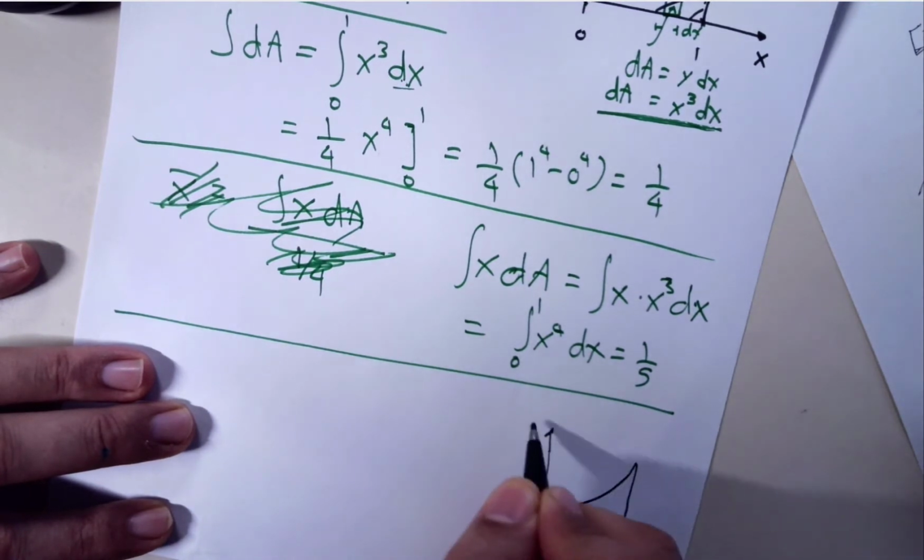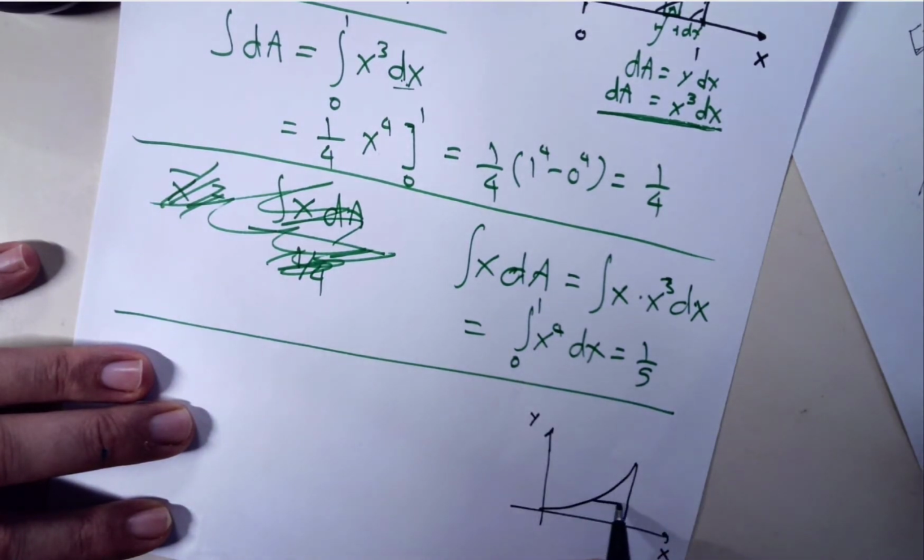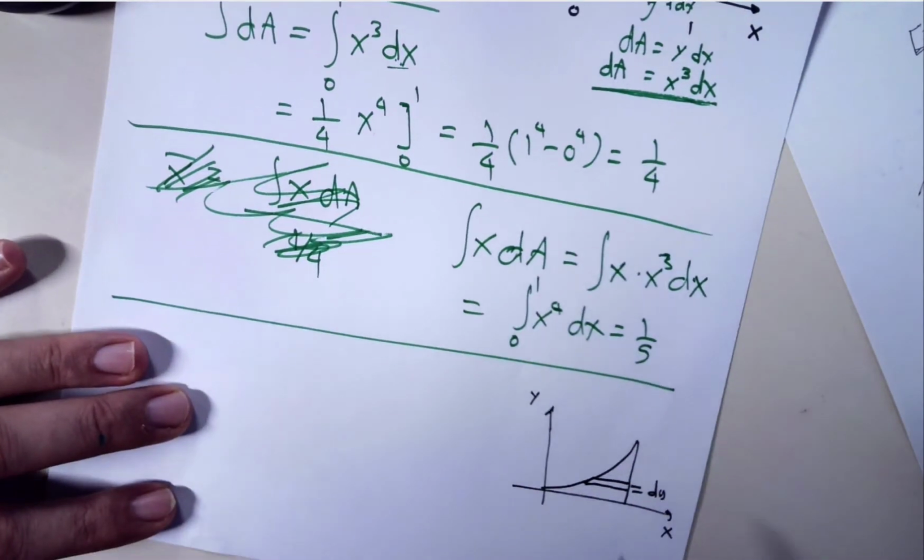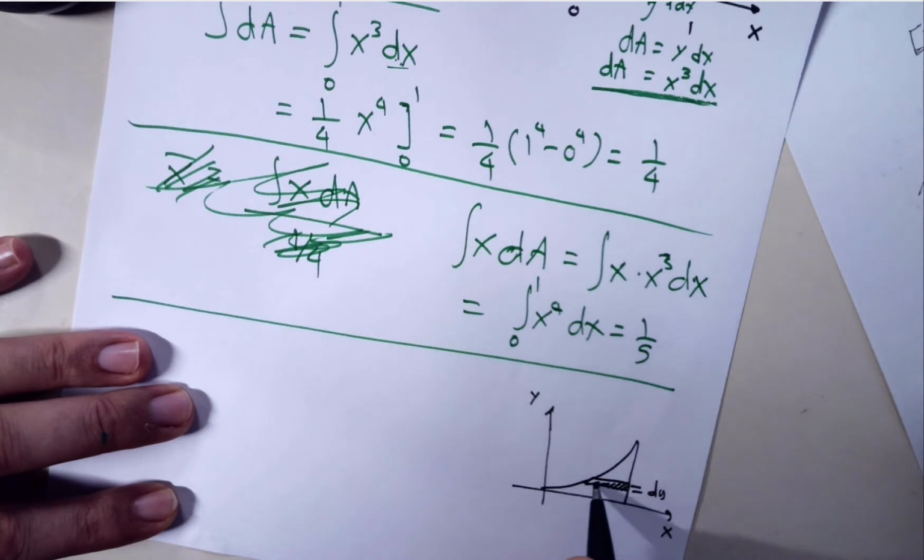So this is my X and this is my Y, and my strip, I'm going to take this one. So I'm looking at dy, and here's the trick. I'm looking at the width of this from here to here. Here is 1.